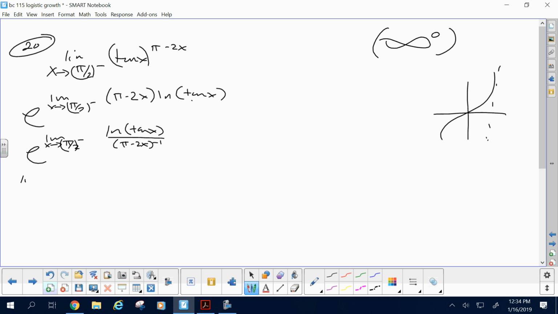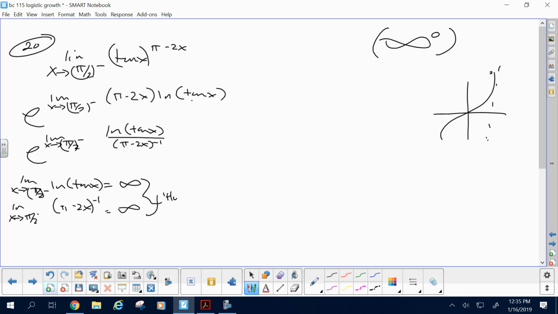So if I were to say the limit as x goes to pi over 2 from the left of log of tangent, tangent goes to infinity, and the log of infinity goes to infinity. Pi minus 2x to the negative first. Pi minus 2x goes to 0, and 1 over 0 goes to infinity. And so is this a L'Hopital case?